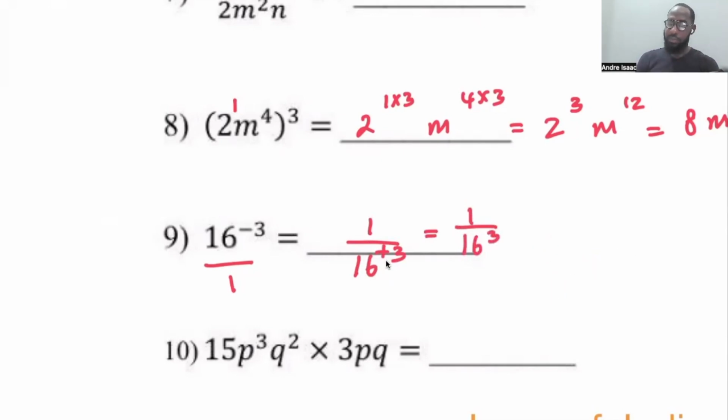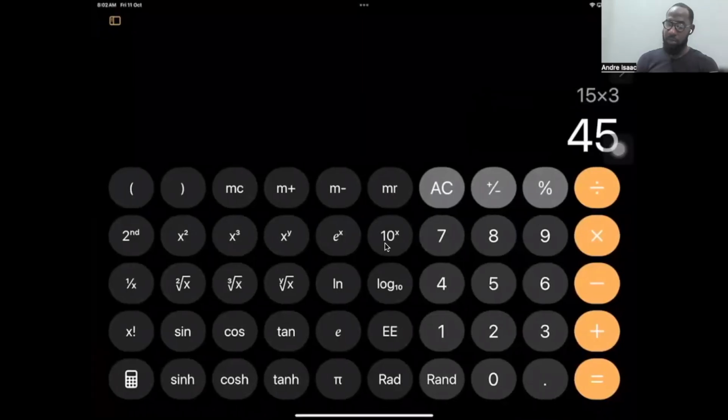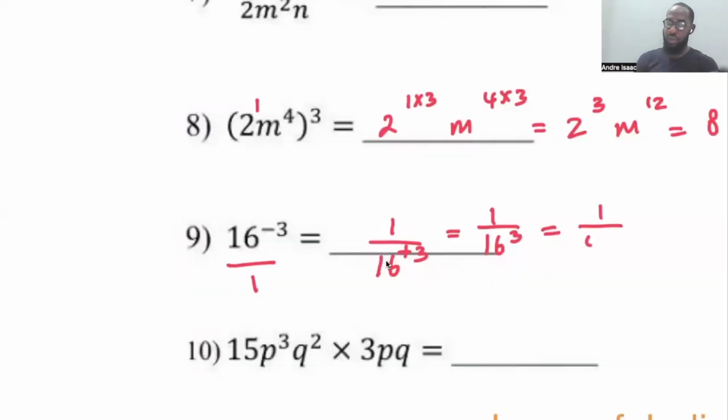And 16 cubed is 16 to the power 3, 4096. So this is 1 over 4096. But this question is really geared to show students that this and this here are the same thing.